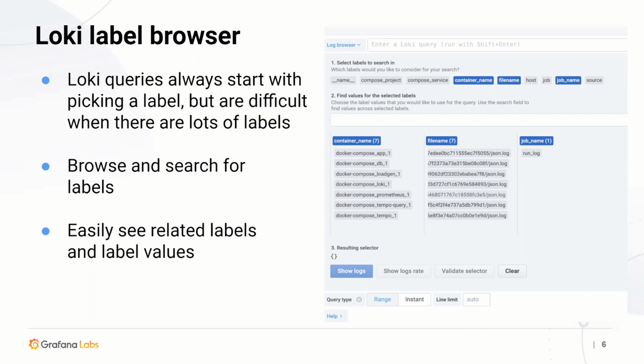What it does is it allows you to quickly search for labels. For example, if you know the value, but you're not sure what label to use, this browser will allow you to quickly search for it and find a match. And using this, you can either show logs or show log rate, which creates the rate query. Next slide.